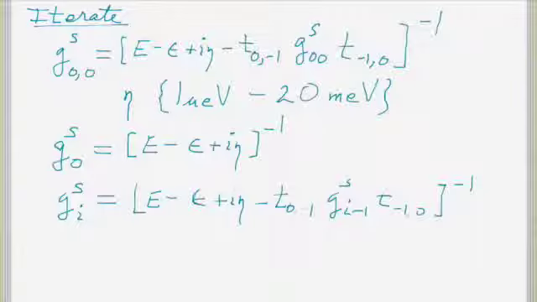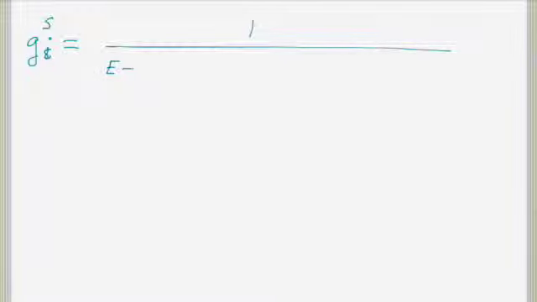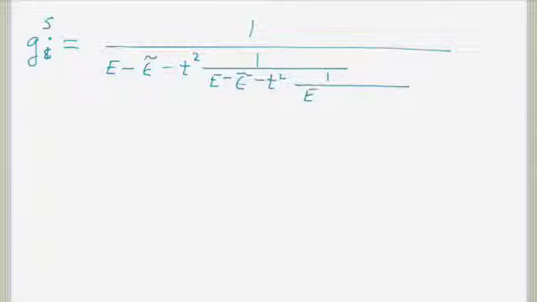If you just start from here and substitute it into here a couple of times, you'll see what you're really doing is that G_S,i is equal to 1 over E minus epsilon tilde, where I combine the i eta into epsilon and combine the t's together into a t squared, and then minus t squared, and then again 1 over, and so on.